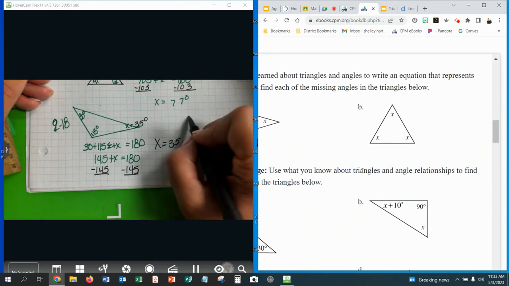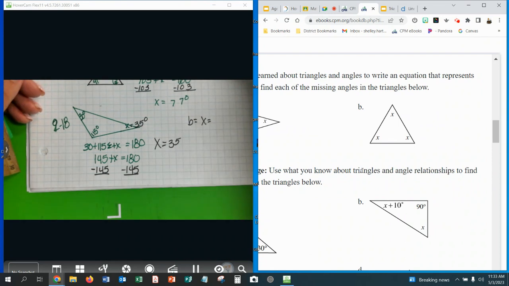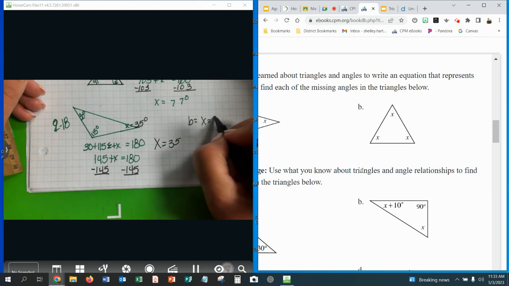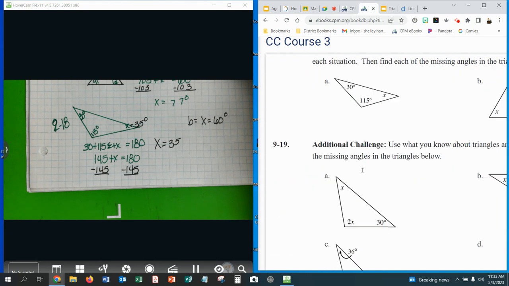What do you think x is with B? Why? Tell me why. It's an equilateral triangle. So good job. Good listening skills. Okay, great.